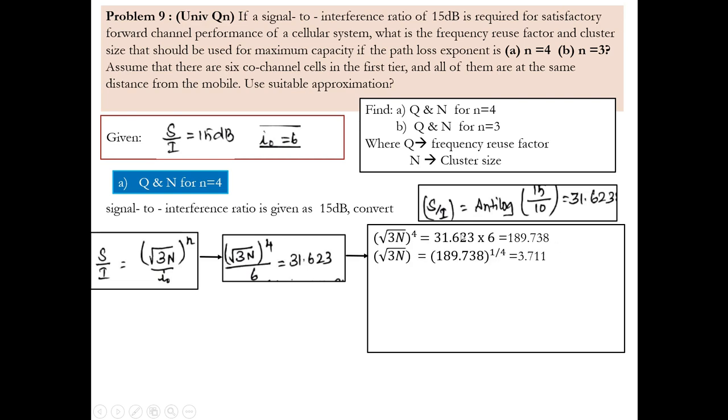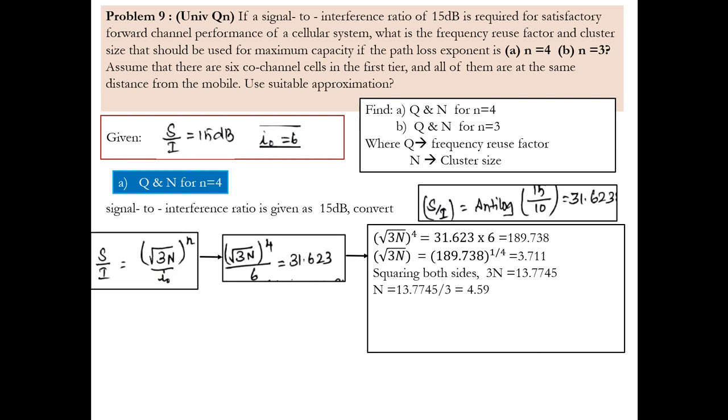In the next step, we are supposed to remove this power. So on both the RHS and LHS I'll raise to the power of 1 by 4. I'll get the answer as square root of 3N is equal to 3.711. Now to remove the square root, let us square both sides. So I get 3N is equal to 13.7745. From this we get N is equal to 4.59.